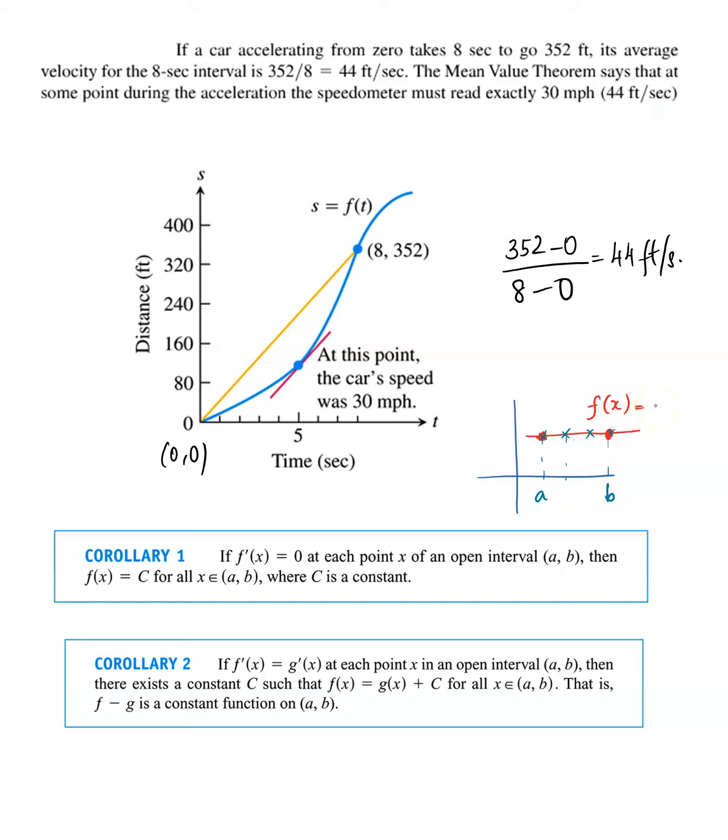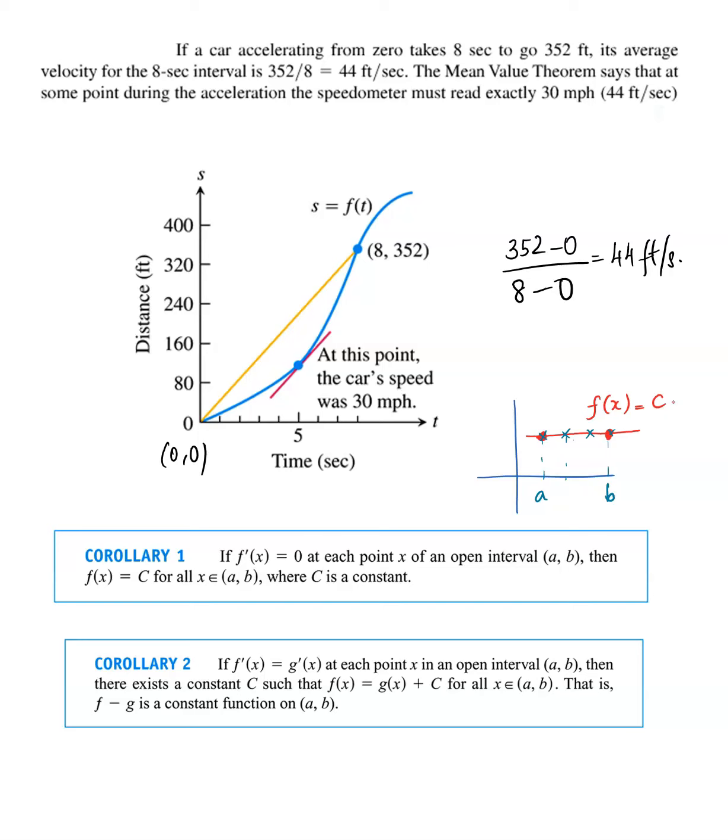And what is the equation of a horizontal line? It's always y equals some number. So f of x equals c is the format to indicate a constant function. A horizontal function is a constant function. So this is the reverse of that.